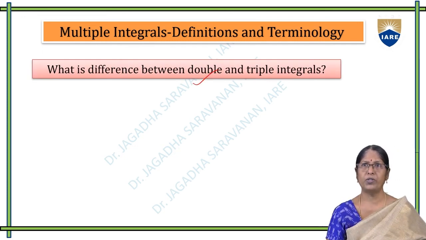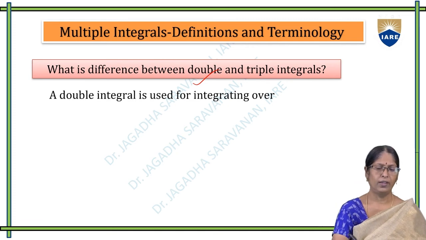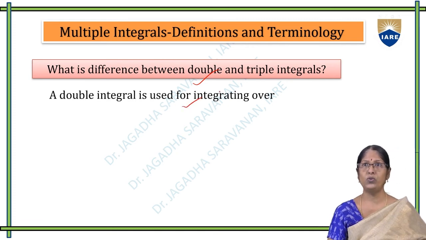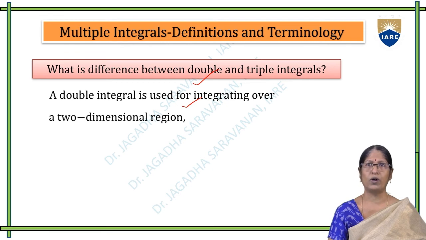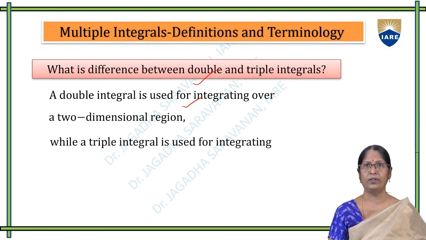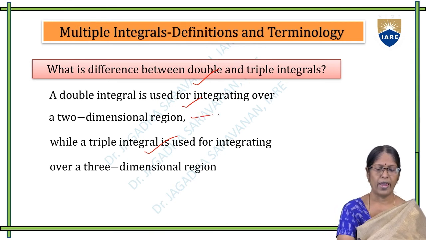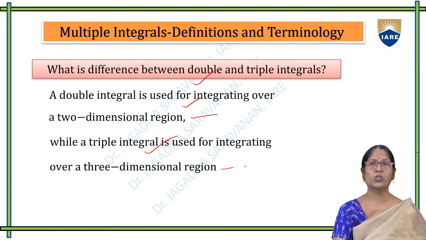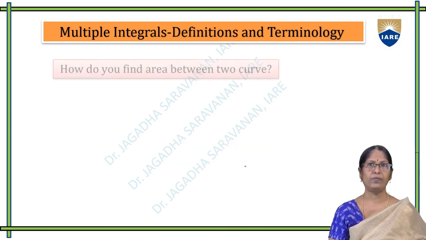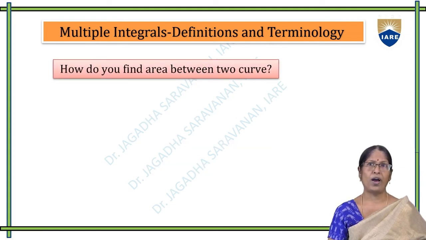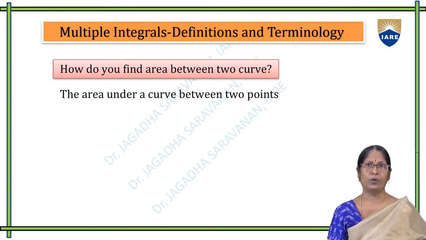What is the difference between double and triple integrals? Suppose this question is asked, then a double integral is used for integrating over a two-dimensional region, whereas a triple integral is used for integrating over a three-dimensional region. Here xy plane, this is xyz plane. How do you find the area between two curves?